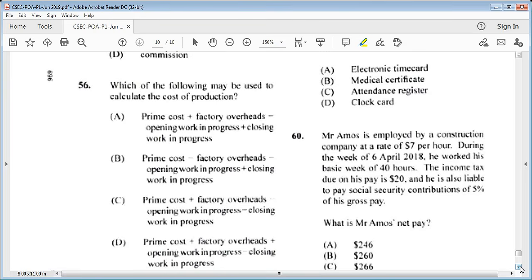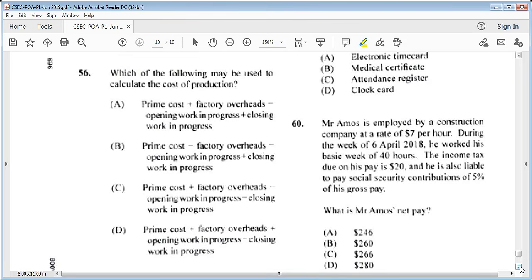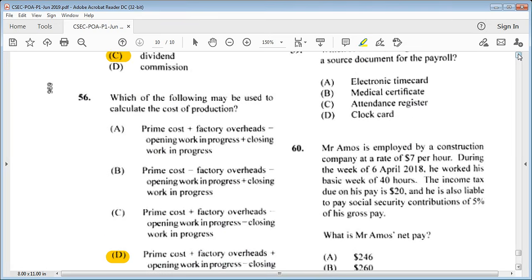C, prime cost plus factory overheads deduct opening work in progress, deduct closing work in progress. D, prime cost plus factory overheads plus opening work in progress, deduct closing work in progress. We know it is D. The cost of production is calculated as prime cost plus factory overheads plus opening work in progress, deduct closing work in progress. Let's go to 57.